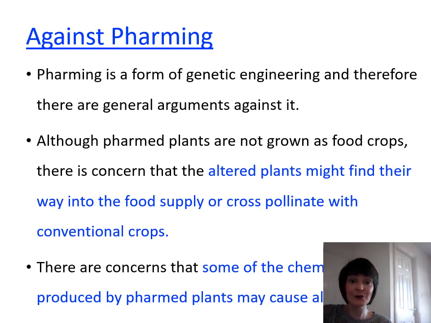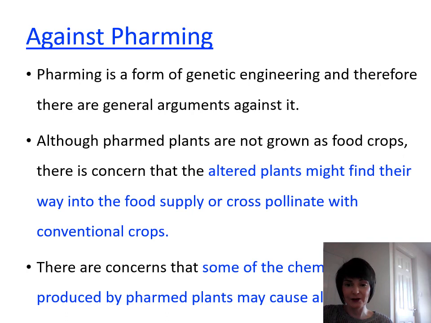Against pharming, well, pharming is a form of genetic engineering, and for people that are against genetic engineering, a lot of the arguments are pretty much the same. Although pharm plants are not grown as food crops, there is the concern that altered plants might find their way into the food supply, cross-pollinate with conventional crops, and who knows what may happen.